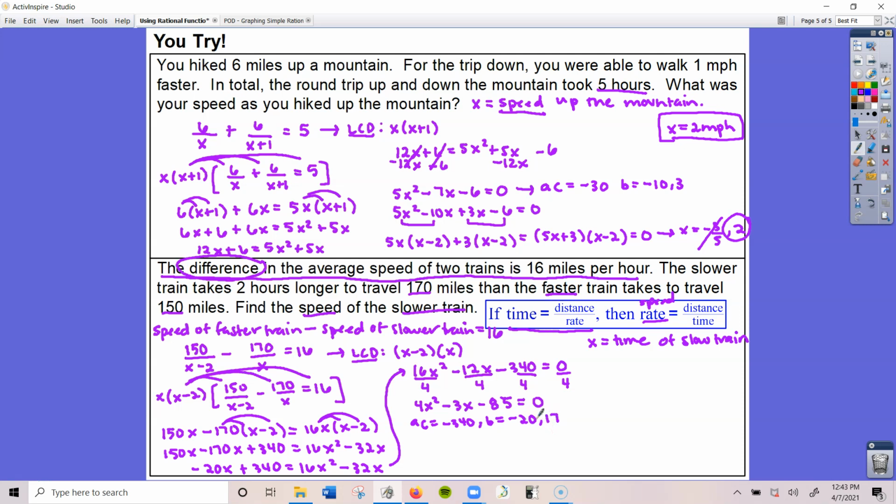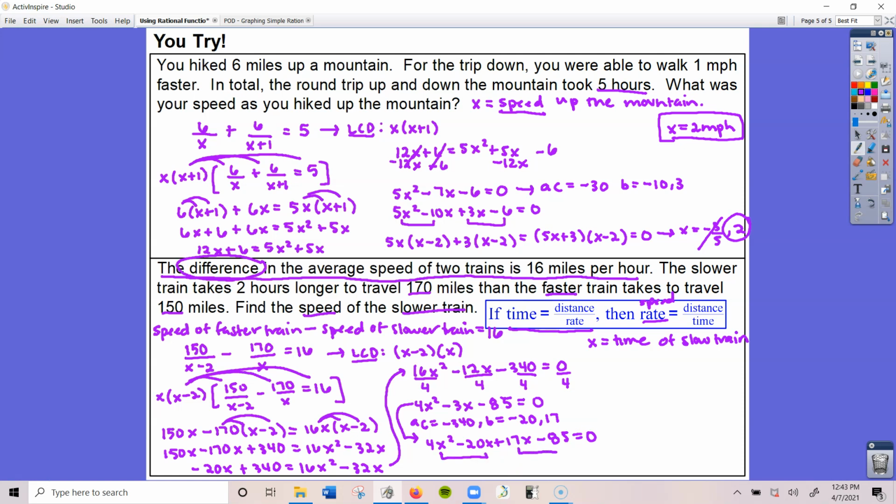Negative 20 times 17 is negative 340, and negative 20 plus 17 is negative 3. So now we would rewrite this quadratic, replacing the negative 3x with these two numbers. So 4x squared minus 20x plus 17x minus 85 is equal to 0.